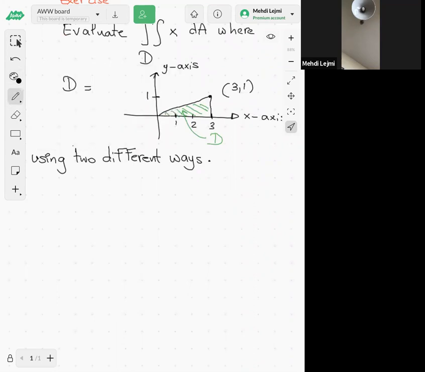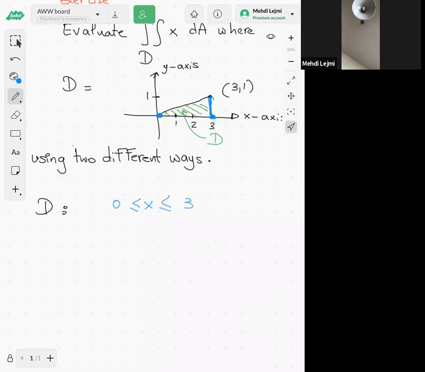so here's your D. First, you try to fix the x coordinate. So the variable x would be between 0 and 3, right?